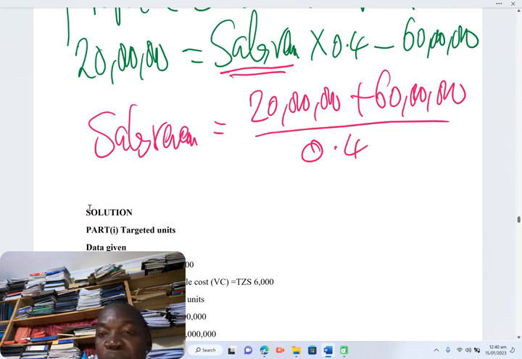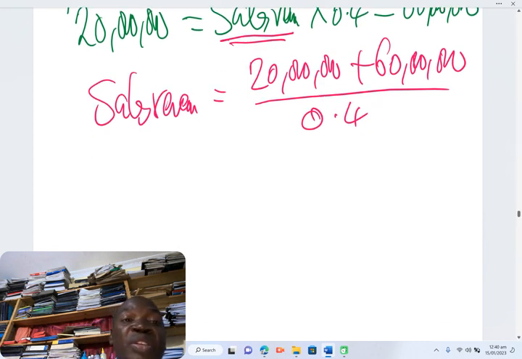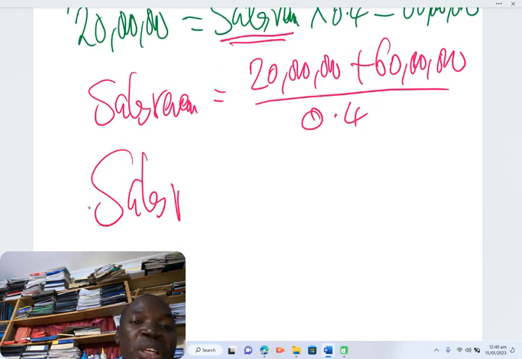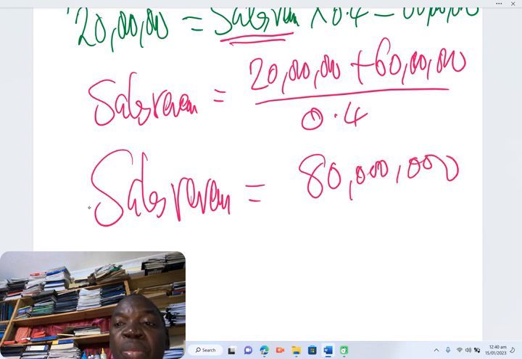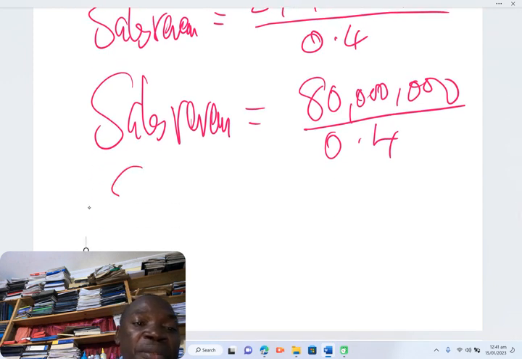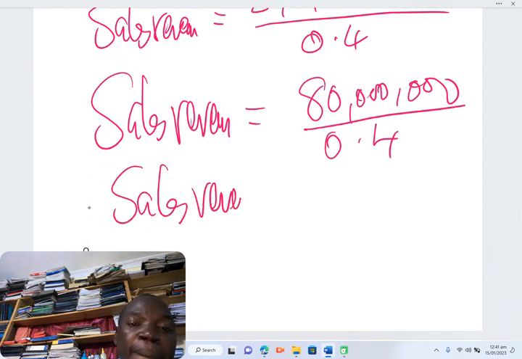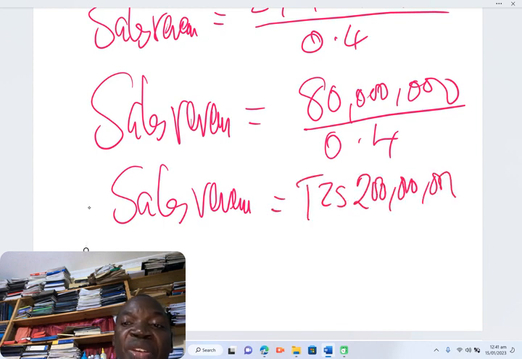So sales revenue equals 80 million divided by 0.4. So sales revenue is equal to TZS 200 million.